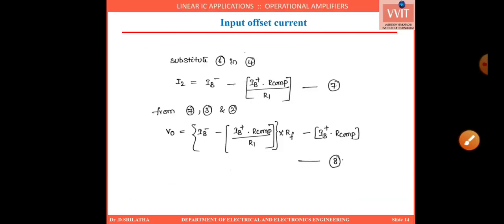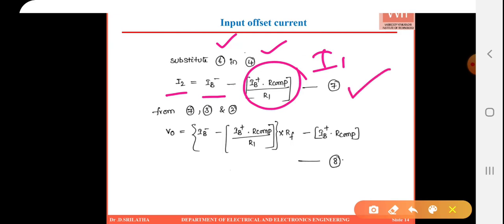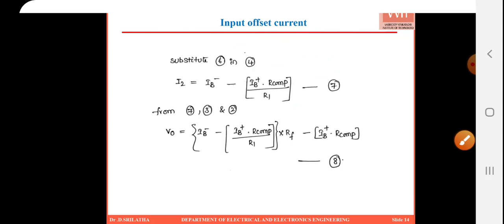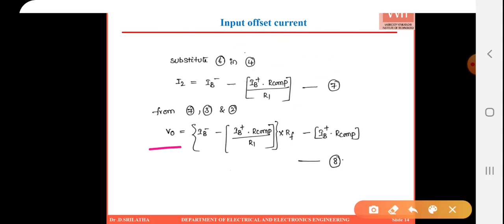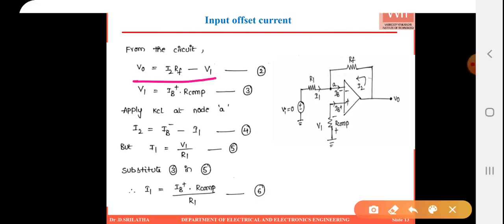Now from the previous expression, substituting 6 in 4, we have I2 is equal to IB minus minus I1, and we got I1 is equal to IB plus R compensating by R1. This is the I2 value. Here we need to find V0, the output offset voltage. V0 is equal to I2 RF minus V1. Instead of V1 I am going to substitute IB plus into R compensation.